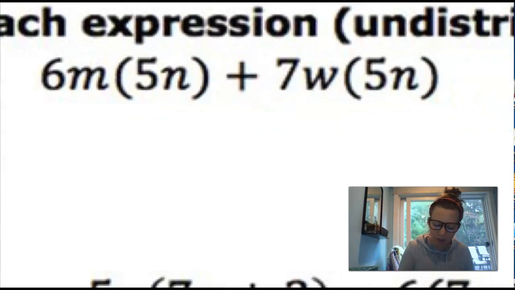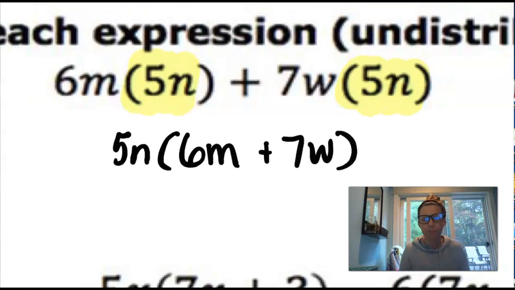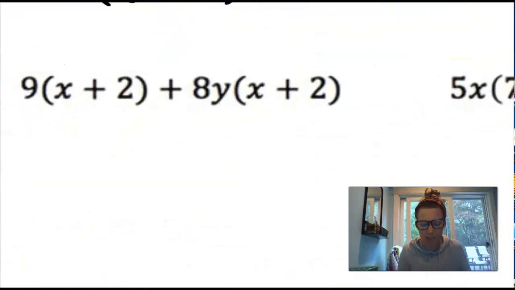So in this one, look, both of these terms have a 5n. So I can take out 5n, and I'm left with 6m plus 7w. Okay, so this is what it's going to look like today. Both of these terms here, I know there's a binomial in the parentheses, but that binomial is the greatest common factor of both of those terms.